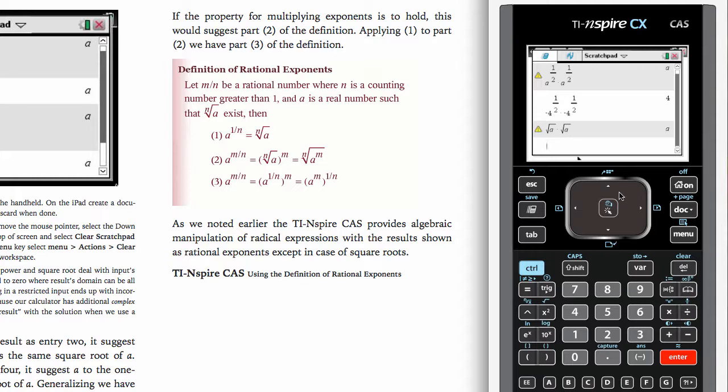Gives us a warning. So again, we'll hover over our touchpad. We'll click on this warning, and it gives us that the domain of the result may be larger than the domain of the input.